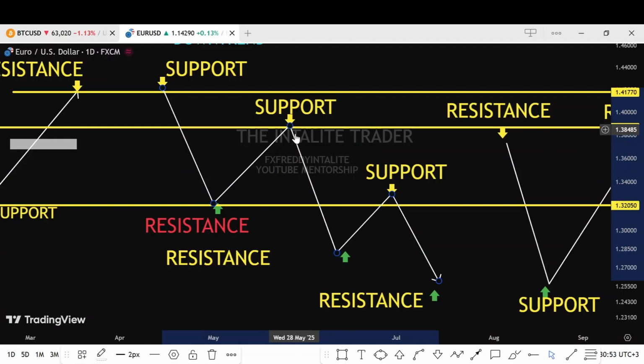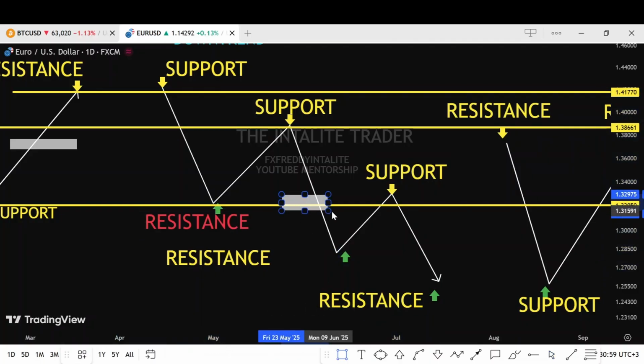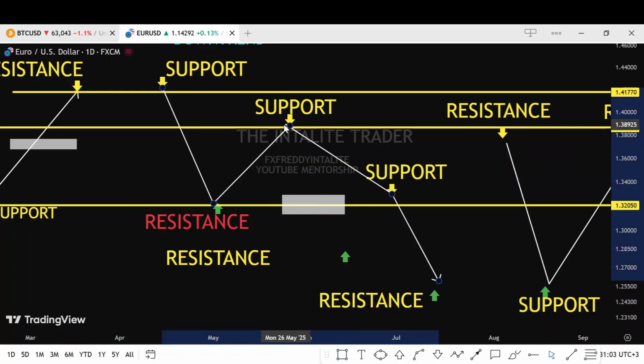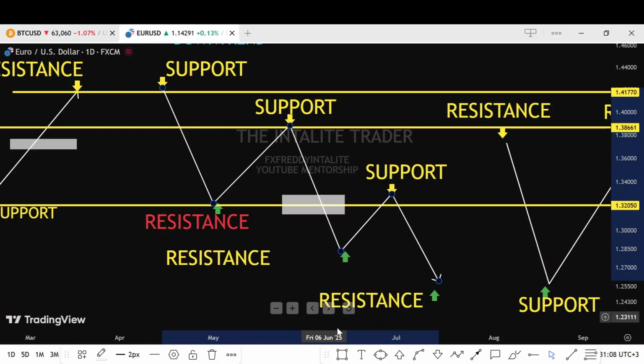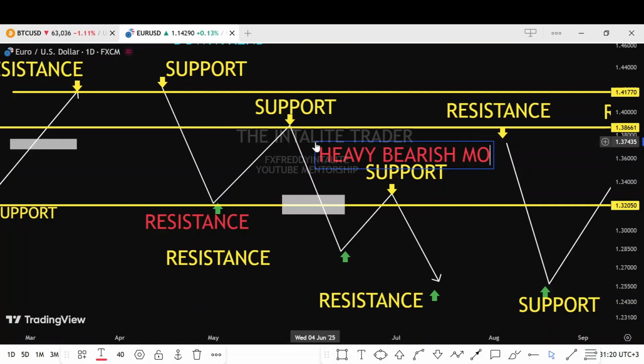Then as price is pushing down, when price breaks this resistance level, because sellers are strong and they push price lower, we shall say there is a heavy bearish momentum.